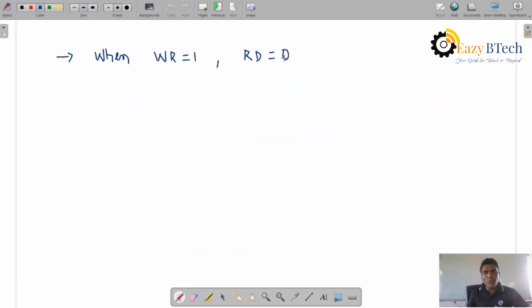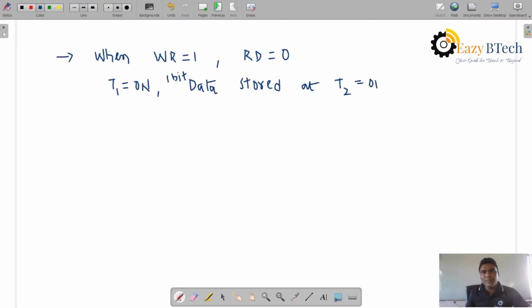So when WR is equal to 1, the read operation is equal to 0. So T1 is on, and 1 bit of data is stored at the T2 transistor, at the gate capacitance of T2.